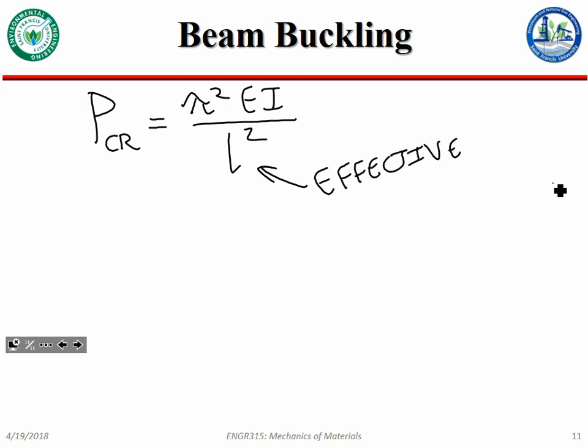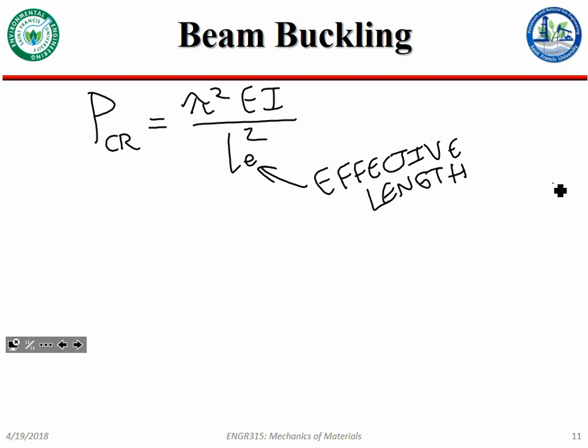So whatever the actual length of the beam is, we can find some multiplicative factor to make an effective length based on whatever the boundary conditions are.